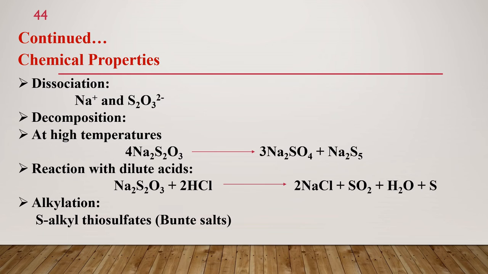When exposed to dilute acids, sodium thiosulfate undergoes a decomposition reaction to yield sulfur and sulfur dioxide. The alkylation of sodium thiosulfate yields S-alkyl thiosulfates, and these compounds are commonly referred to as Bunte salts.